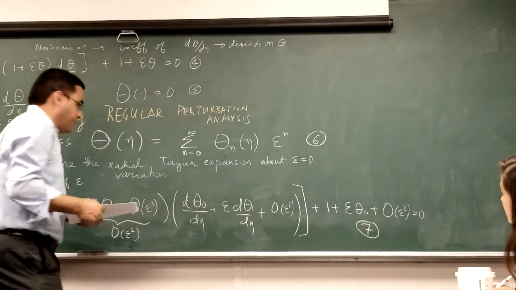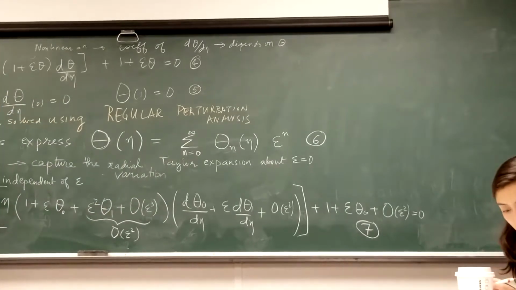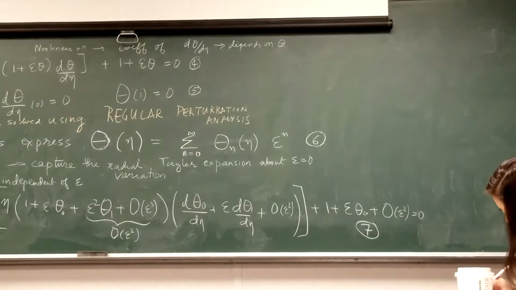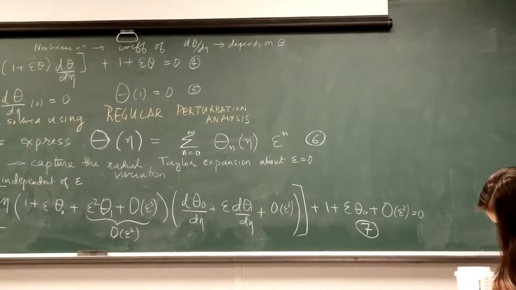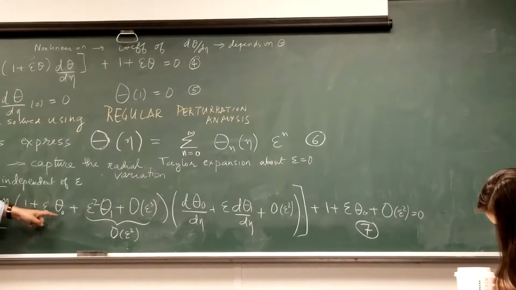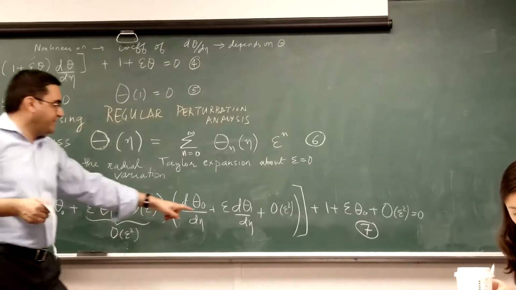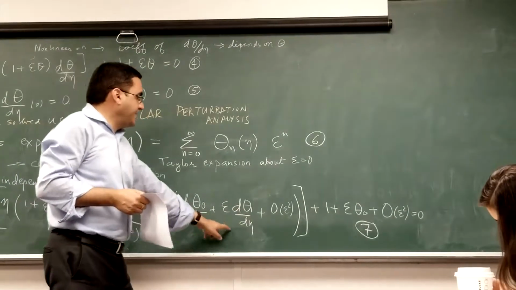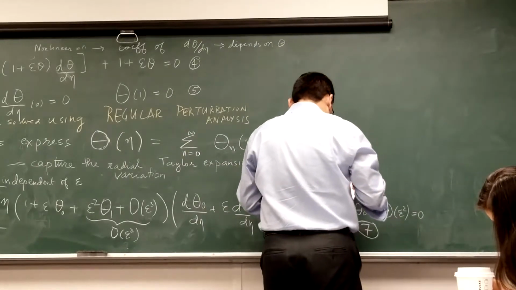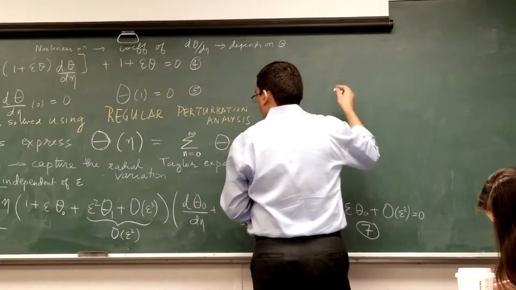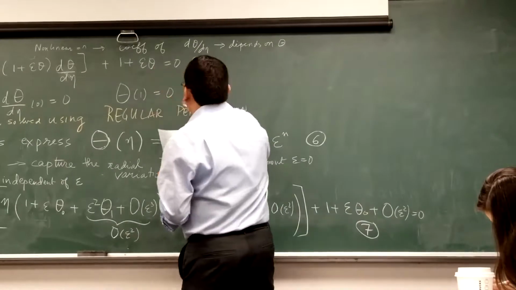The only problem with perturbation solutions is that they involve a lot of algebra. So now I have this equation. In this equation, I have theta naught, I have some theta 1 terms, I have some derivatives, and so on. But this is just our differential equation.